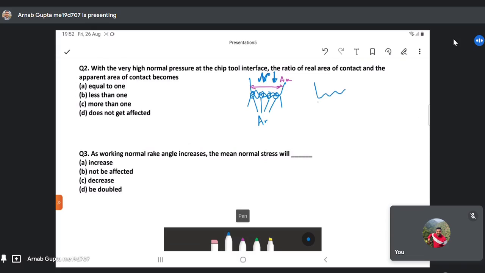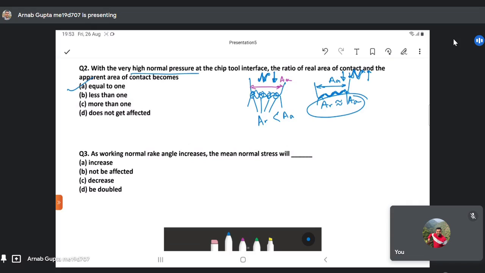At higher loads, severe plastic deformation occurs, and these asperities get interlocked, and they assume a fairly equivalent area of apparent contact. Like if this was A_A, so this A_R will be fairly equal to A_A. Okay. So the ratio is equal to 1 at a higher value of normal force.